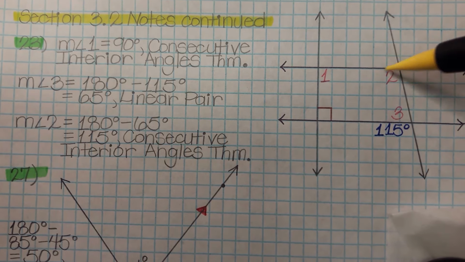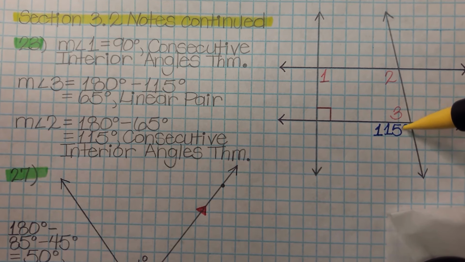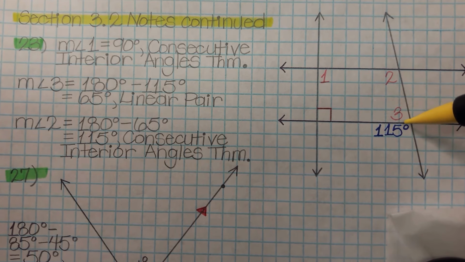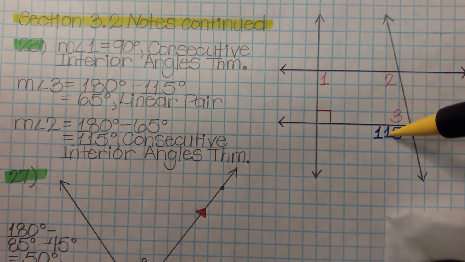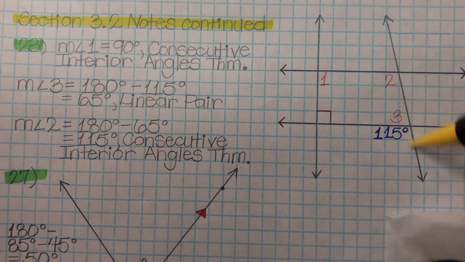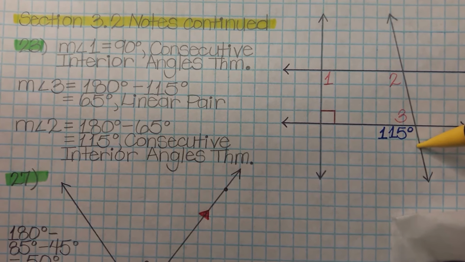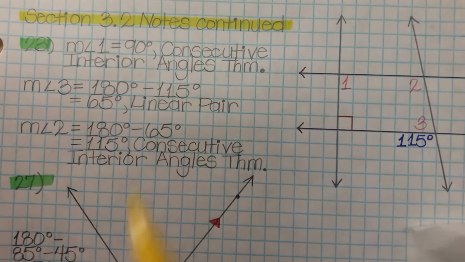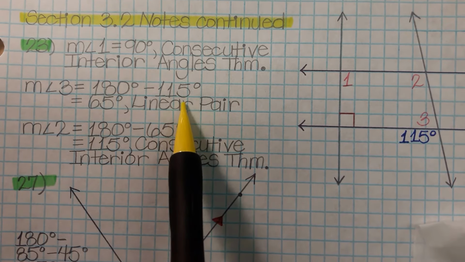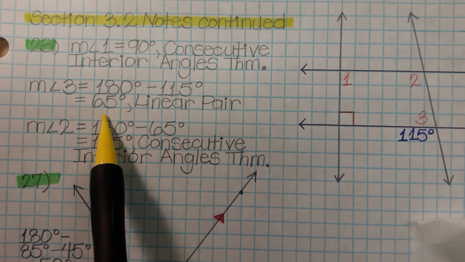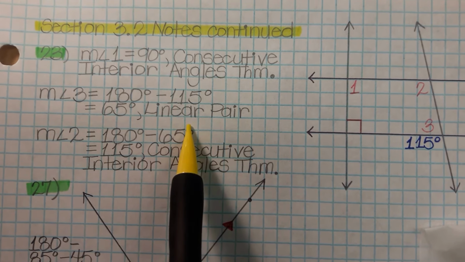On this side, I noticed that angle 3 and 115 degrees form a linear pair. I know that linear pairs are supplementary. So if I take 180 minus 115, that gives me 65 degrees, which is the measure of angle 3, because they're a linear pair.